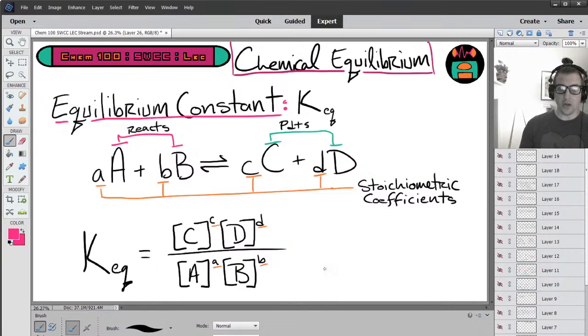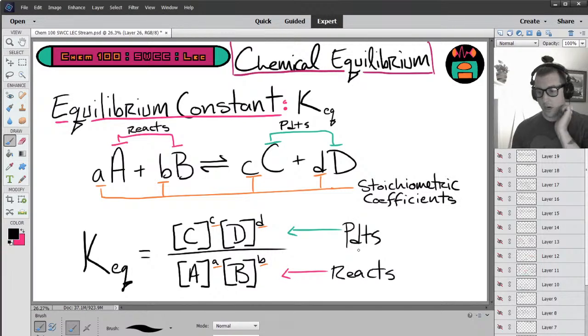And you can also see that the reactants are in the denominator, and the products are in the numerator.